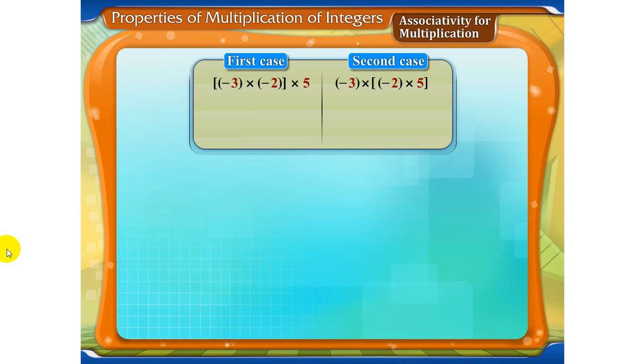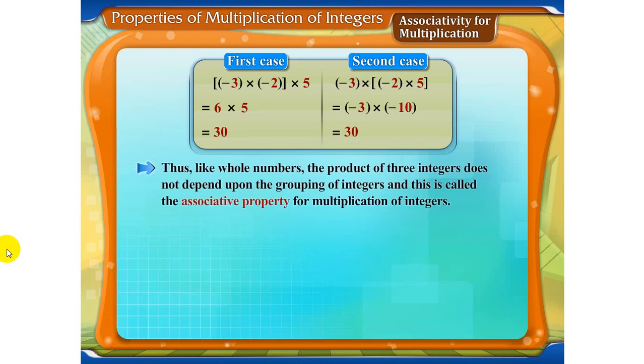In the first case, negative 3 multiplied by negative 2 is equal to 6, and 6 multiplied by 5 is equal to 30. Similarly, in the second case, negative 2 multiplied by 5 is equal to negative 10, and multiplying it by negative 3, we get 30. So, we get the same answer in both the cases.